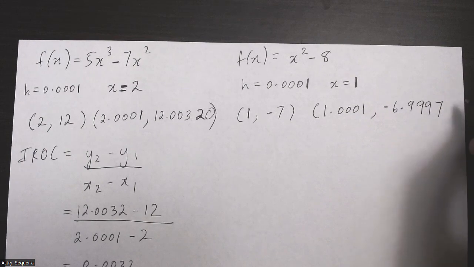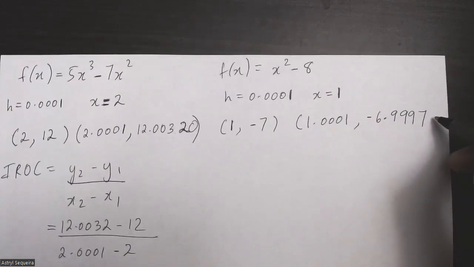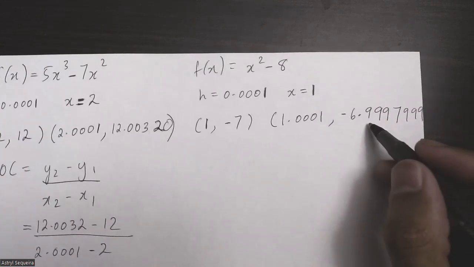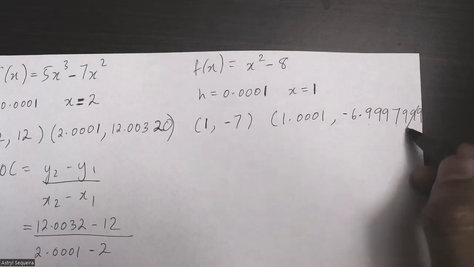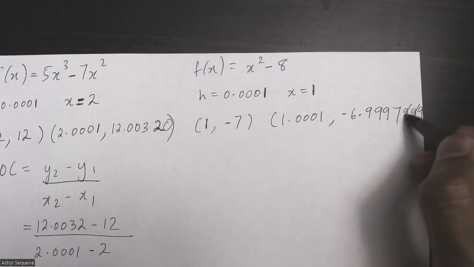6.9997. Problem here is now it's going to be 9 continuously, which means if I'm going to take it to 5 decimal places, 1, 2, 3, 4, 5, this 9 is going to round up because of this one here. This 9 rounds up, it becomes a 0, and then this becomes an 8.